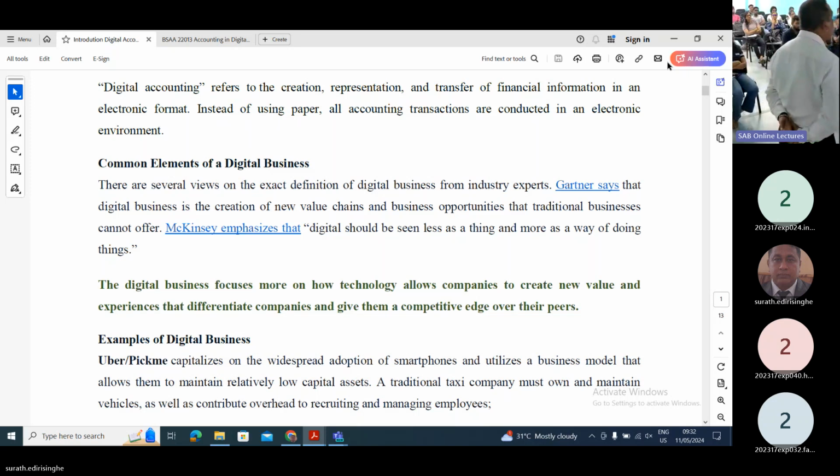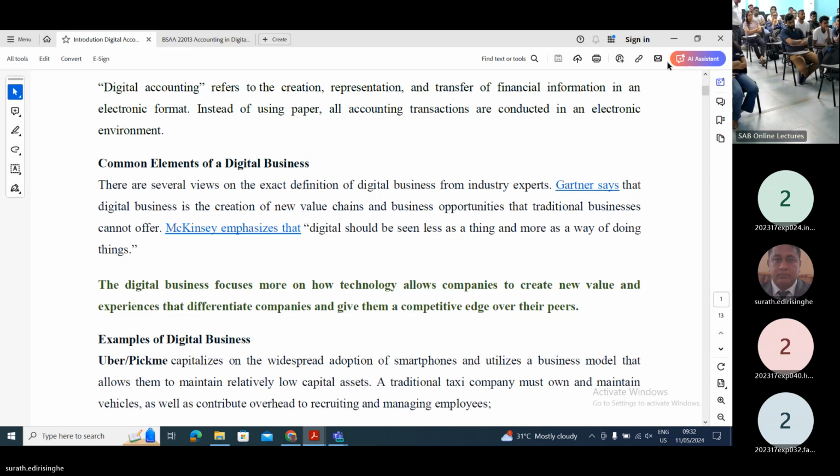First one, Gartner. Gartner says that digital business is the creation of new value chains and business opportunities that traditional business cannot offer. Clear now? Gartner is saying that digital business people use modern and online technology to support business activities, providing business opportunities. But traditional business people are not using this technology.